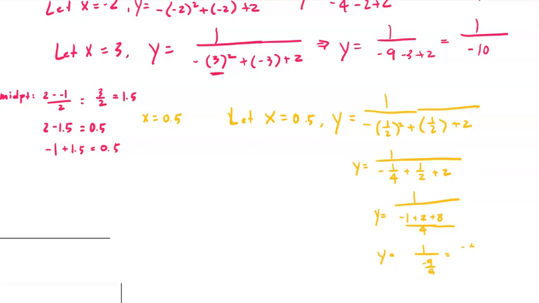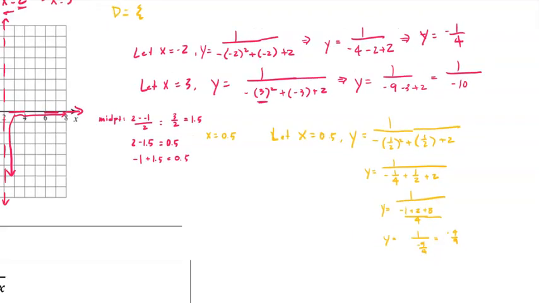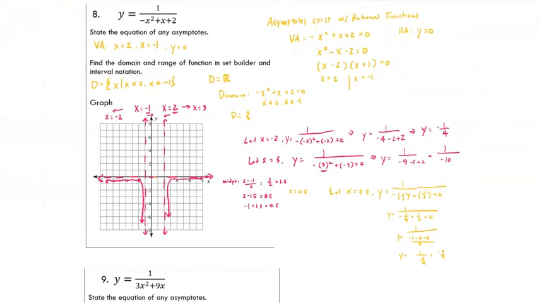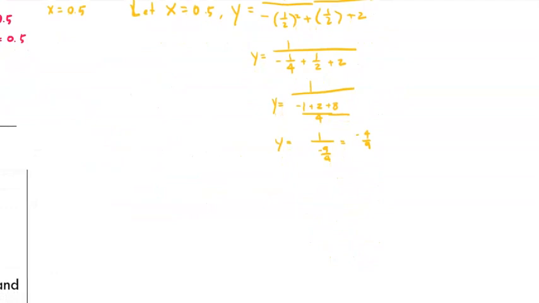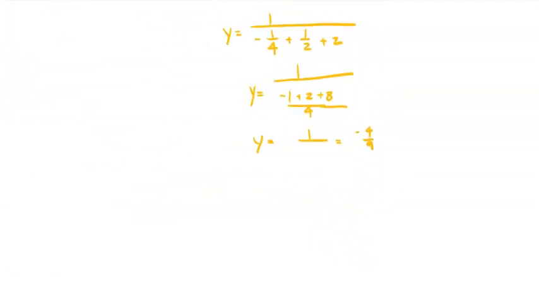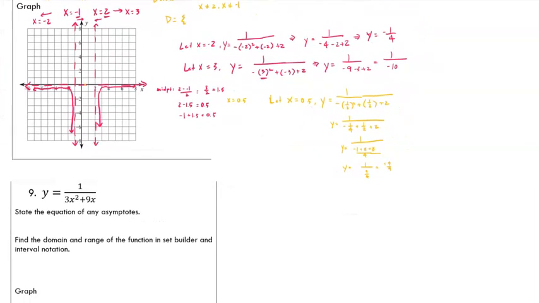Take the reciprocal, 4 over 9. Positive 9 over 4, so it's positive 4 over 9. Okay, so my midpoint, or that vertex of that parabola, is going to be 1/2 comma 4 over 9.